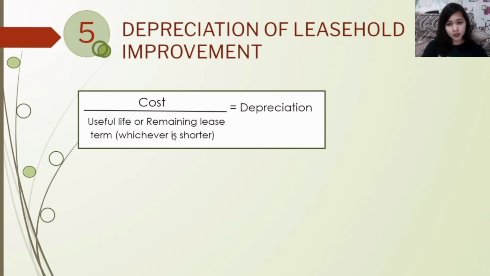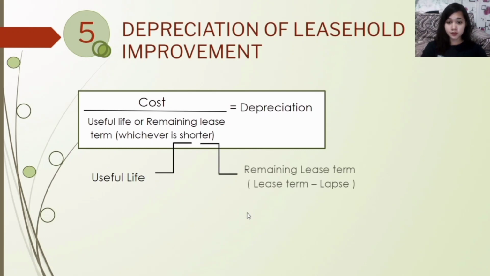So, paano nga ba kino-compare itong dalawa? So, useful life, yung kabuuang buhay ng PPE, or yung remaining lease term, which is lease term less lapse. For example nito, kunwari, yung lease term mo is 5 years. 5 years yung contract ng pag-upa mo.